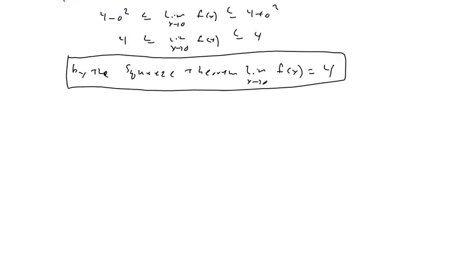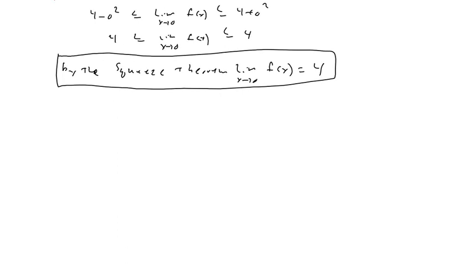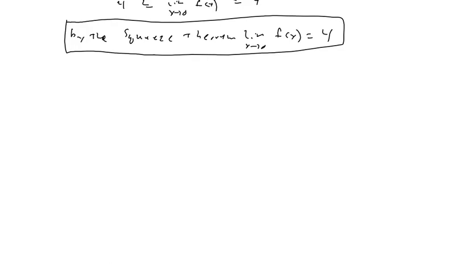All right. Let's finish up with trig limits. Now, there are only two trig limits that you need to know. And these you just need to memorize. The limit as x approaches 0 of sine x over x equals 1.